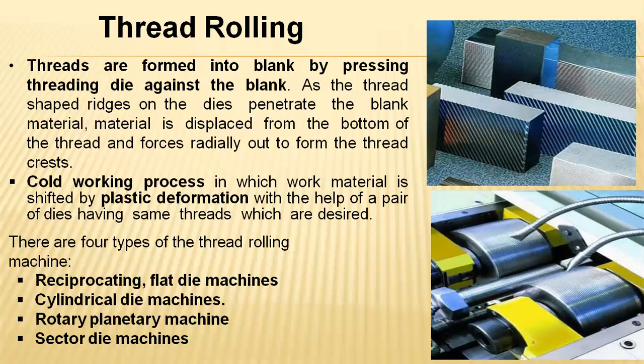So the cold working process is the plastic deformation of the material, that is, permanent changing of its dimensions with the help of a pair of dies. Cold working, in the sense of a machining process, involves either compression or tensile processes that are carried out at normal atmospheric temperature, without increasing or decreasing the temperature.